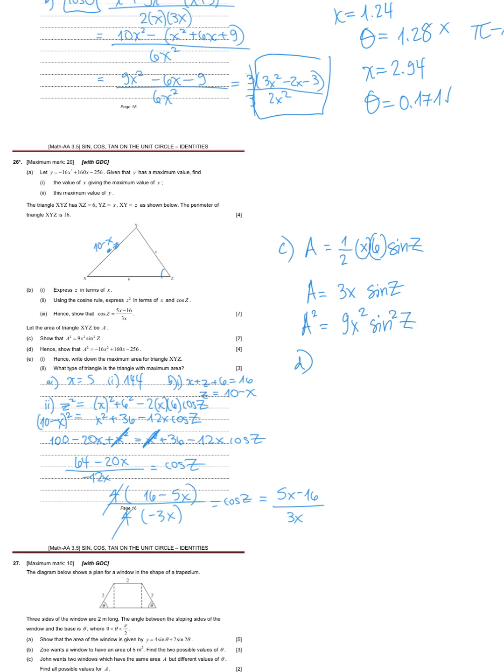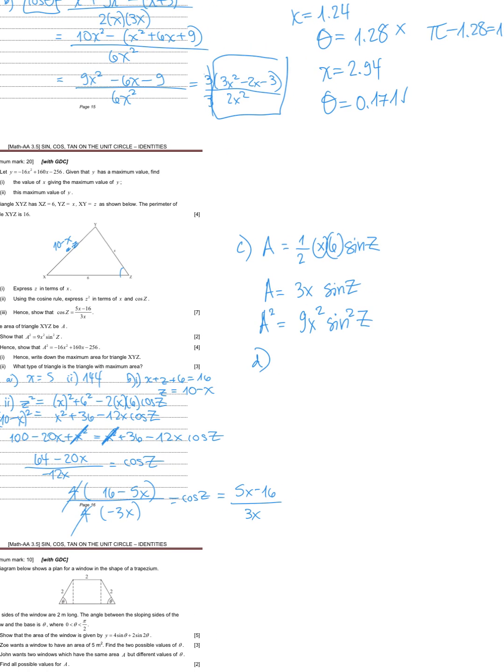Okay. So we have a squared, and we need negative 16x squared. So we need to replace cosine. We need to get rid of sine. All right, so sine squared z plus cosine squared z equals 1.